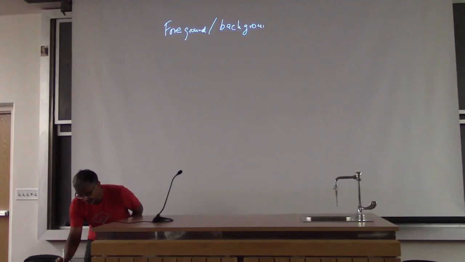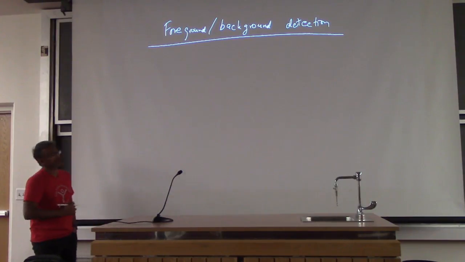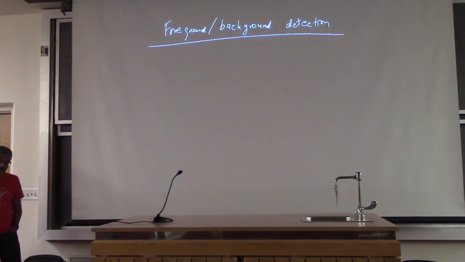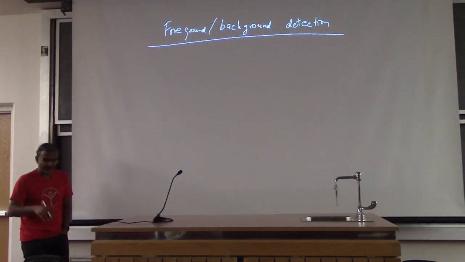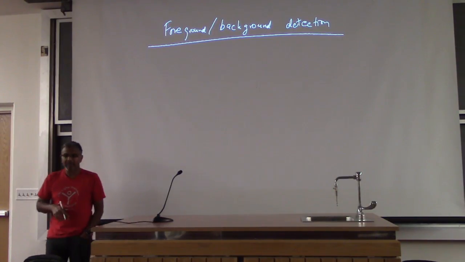And the problem here is what is called foreground background detection. So if you're an autonomous car driving in the DARPA Grand Challenge in the desert somewhere in Arizona or Nevada, I forgot where they had it.